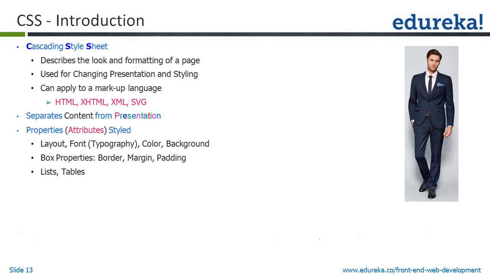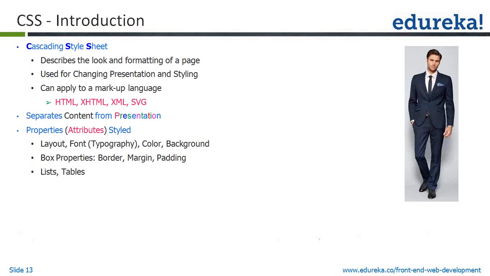Note that the main purpose of CSS is to separate the content, which is defined in HTML, from its presentation. All the presentation, that is the styling, the look and feel, is specified in the CSS file.